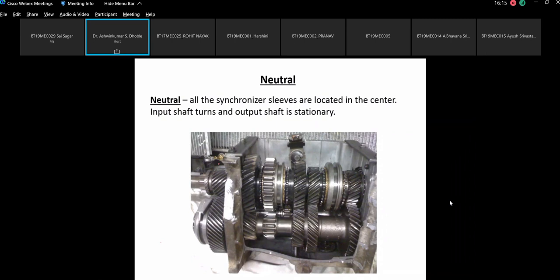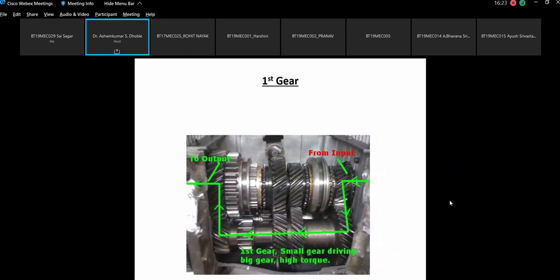That means this is the input shaft which will turn, and the output shaft is stationary. So that is neutral. Now, the power is coming from this side, as shown in this photograph, whereas in the other one it was reverse. Power is coming from this gear, it is going here, and the first gear is in engagement. So you get the output.